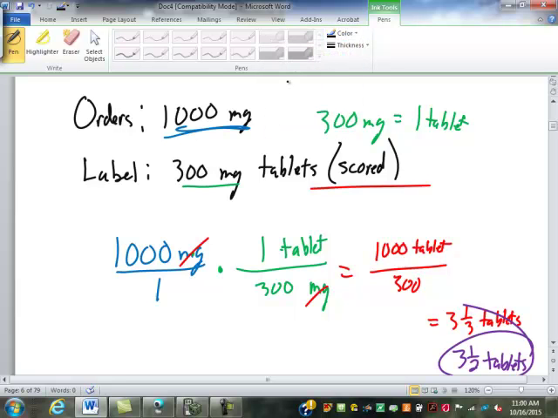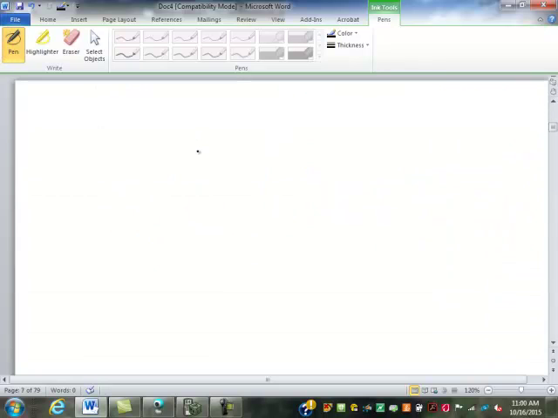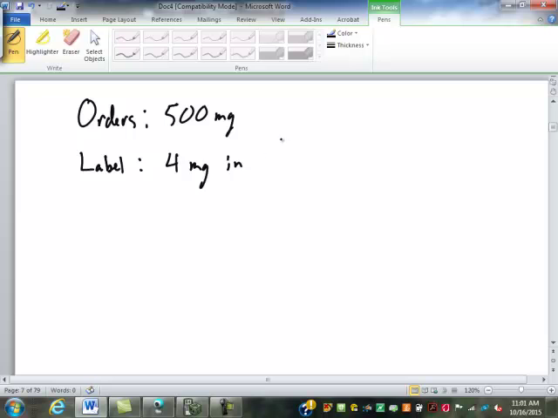Okay, so let's look at a problem that is slightly different. Okay, let's say that we have orders for 500 milligrams, and the label is 4 milligrams in 25 milliliters.